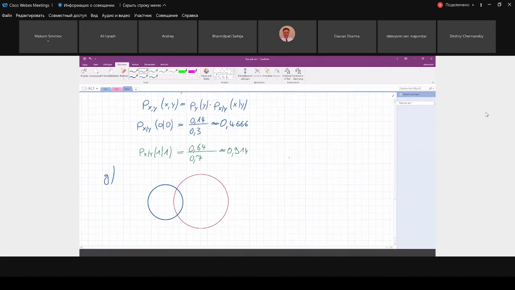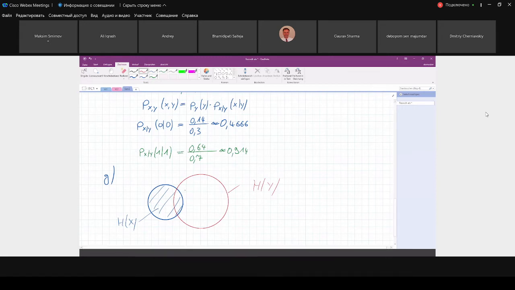Then what do we mean? This is h of x. The red is h of y. What we are looking for is h of x given y. But we can also calculate h of y given x.